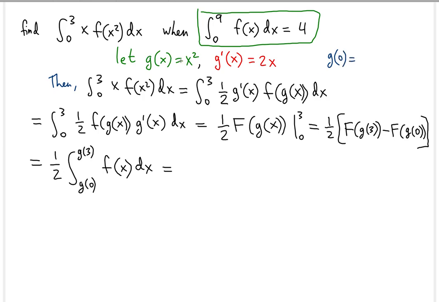G of 0 is going to be 0 squared, which is 0. What is going to be g of 3? G of 3 is going to be 3 squared, which is 9. So there you go. You found the limits of integration. So 1/2 from 0 to 9 of f of x dx.